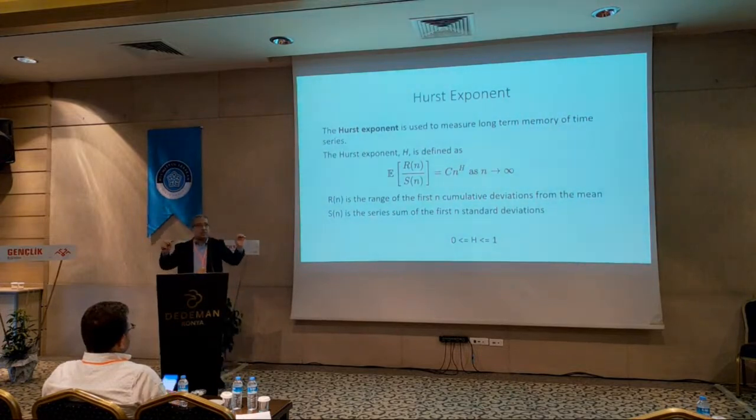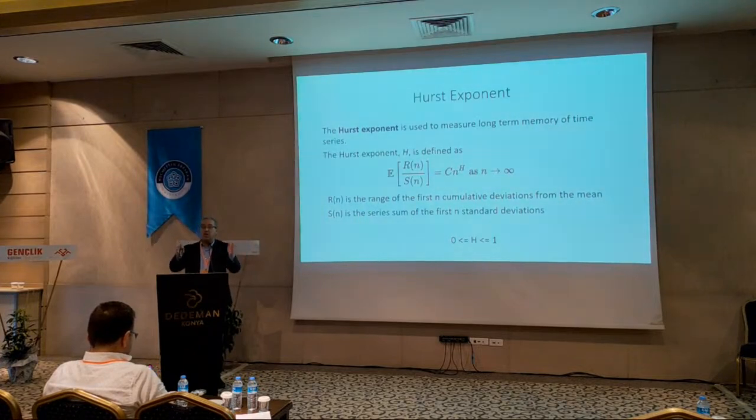So you take a time series. For that time series, you calculate the Hurst exponent. If the Hurst exponent is close to 1, it means that the time series is going to continue in the same direction. If it's going down, it's going to continue going down. If it's going up, it's going to continue going up. If this Hurst exponent is around 0.5, it means that you cannot tell.